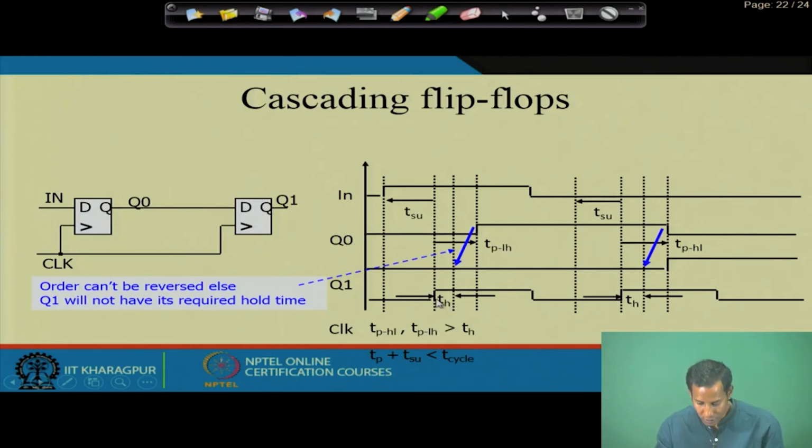Okay. So, in is 1, so after some time the Q0 value will be 1, which is the amount of time t going from high to low or low to high. Okay. So, the setup time plus the delay of the flip flop is the minimum requirement of the clock cycle in this particular circuit design.